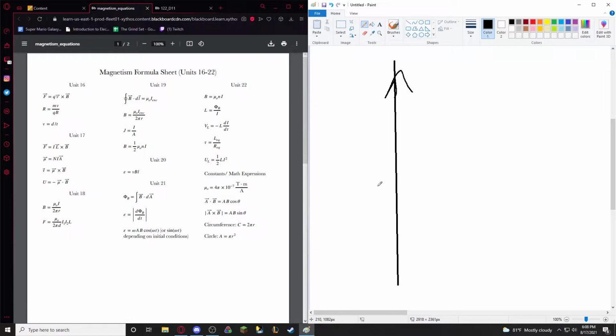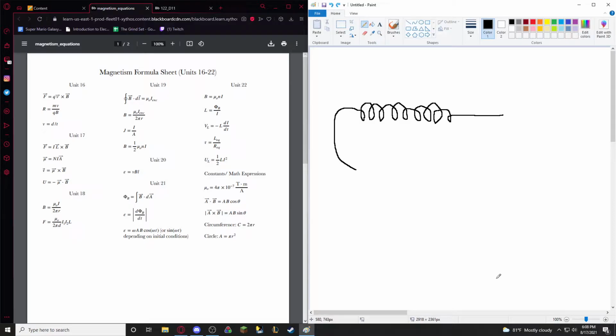So it essentially loops around our wire. With the right hand rule, you can find the direction of the magnetic field. So wire carries current straight, magnetic field loops around it. Magnetic fields are created by moving currents. That was what I was looking for.